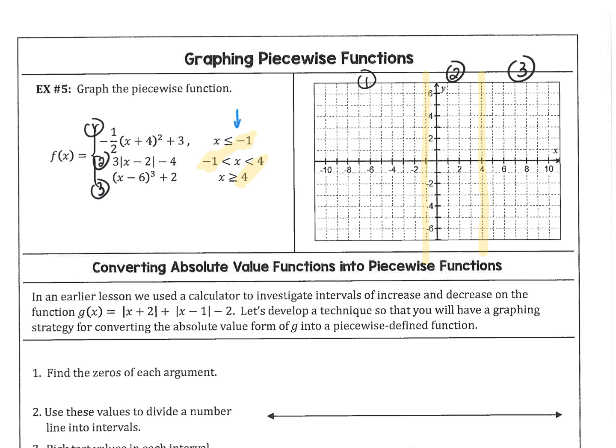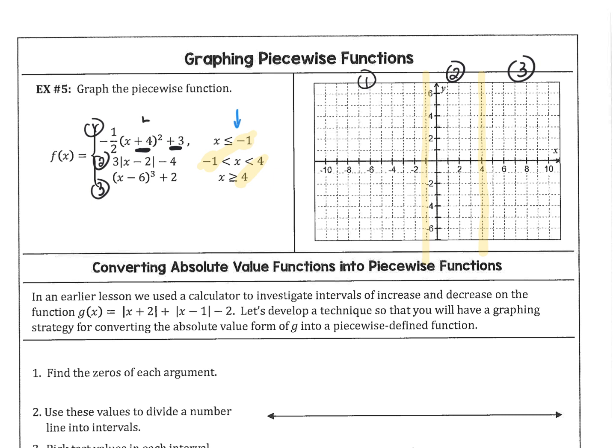So the first thing I want to do is put the vertex in. The vertex, if you remember from transformations, goes where? It's normally at 0, 0, but this one shifts it where? 3 up and 4 to the what? Left?